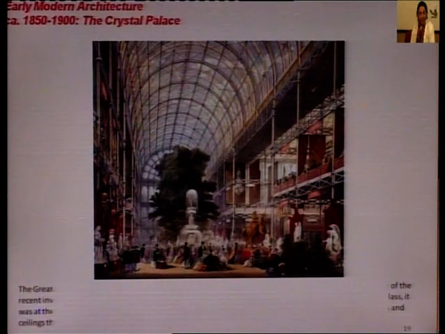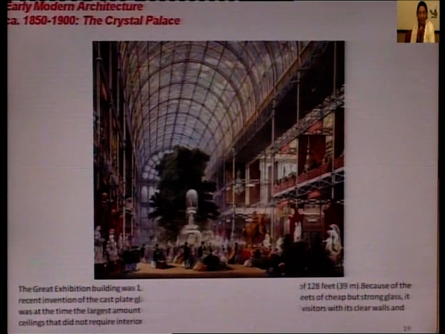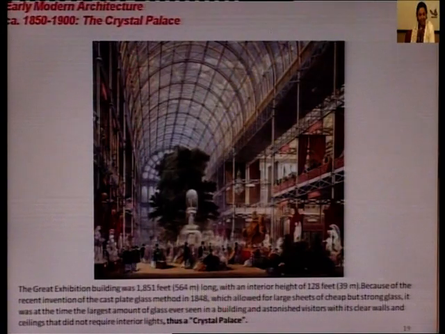This is Joseph Paxton's Crystal Palace interior, an interior height of 128 feet, unimaginable at that point of time. The great exhibition was 1,851 feet long, unimaginable. And because of the recent invention of the cast plate glass method in 1848, it allowed for large sheets of glass which were cheap but extremely strong.